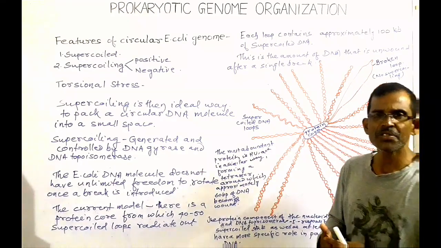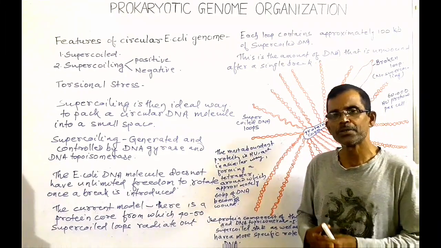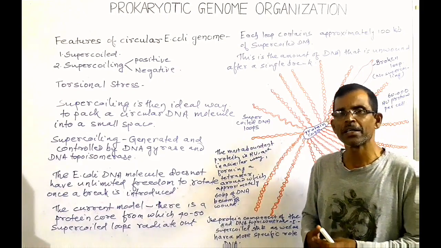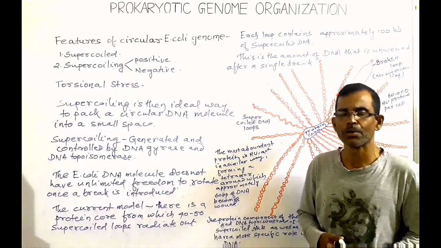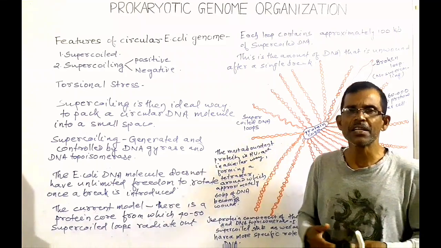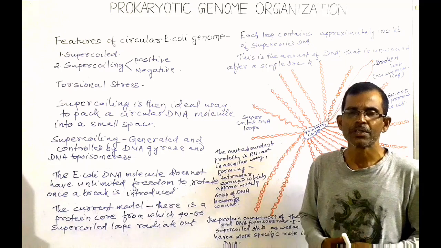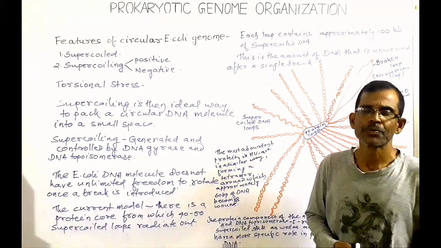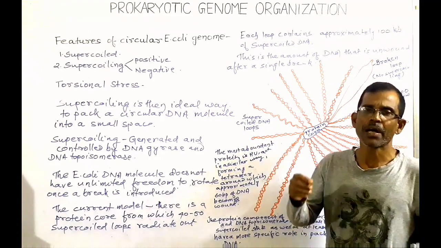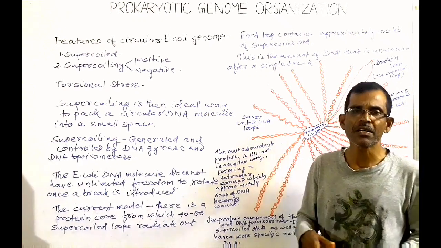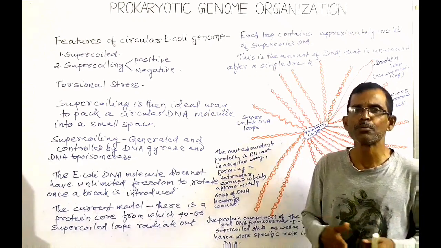The torsional stress that is introduced by overwinding or underwinding in a linear DNA molecule is easily released by the rotation of the ends of the DNA molecule.